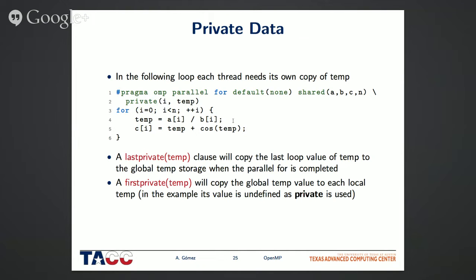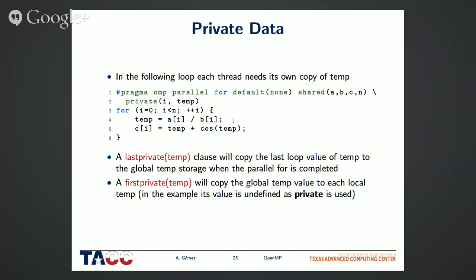Firstprivate, which we have here, will create what? Before saying that, a private variable's value when it's first accessed is undefined. So here, if in line 4 we wanted to do something like A equals temp, we don't know the value that temp has in that case, even though maybe temp was assigned outside of the loop.